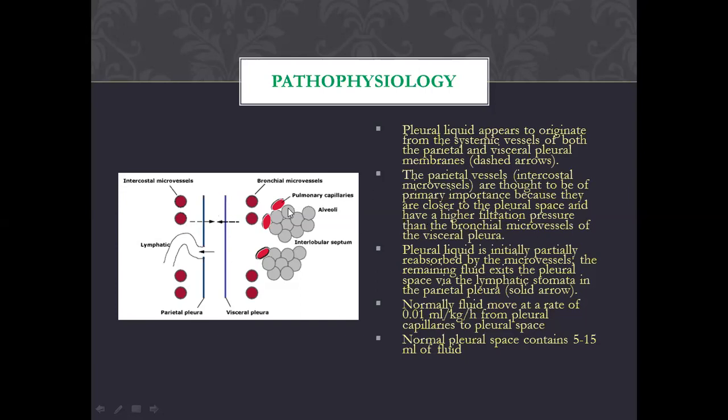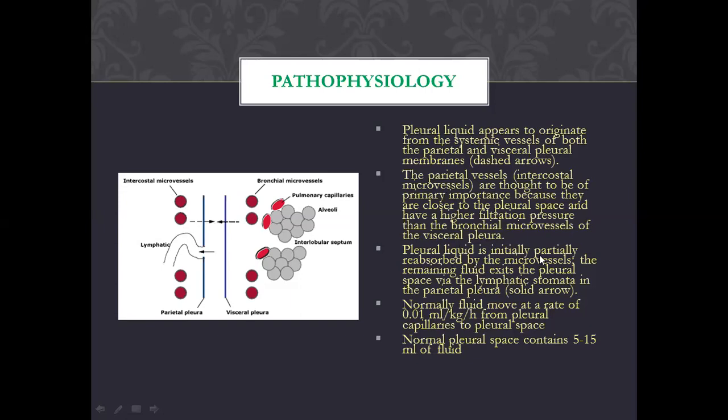The parietal vessels, these ones, the intercostal macrovessels, are thought to be of primary importance because they are closer to the pleural space and have a higher filtration pressure than the bronchial macrovessels of the visceral pleura. So the intercostal vessels have a greater pressure, and they play the main role in forming the fluid within the space.